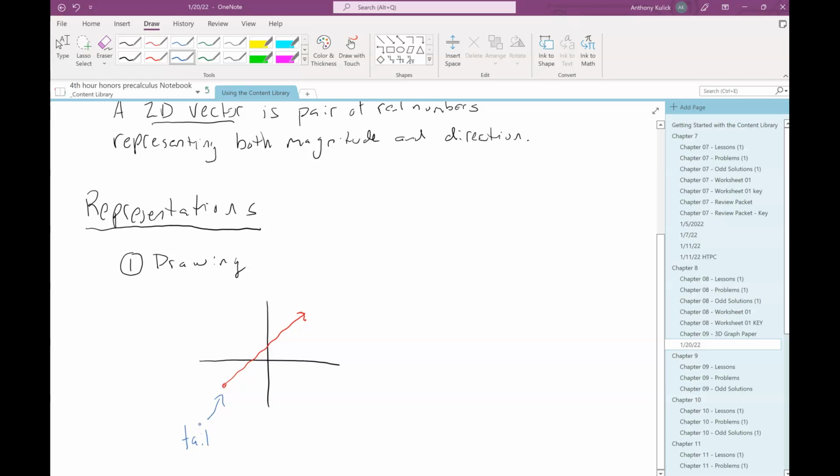We refer to that end of our vector as the tail end, and this end of our vector is the head end. The length of that vector is equivalent to the magnitude.